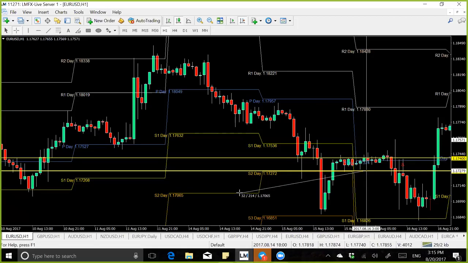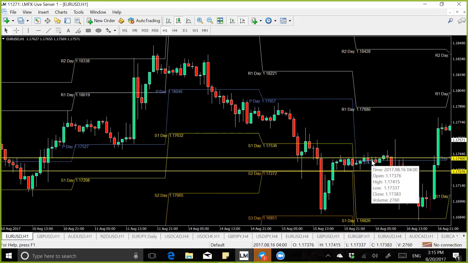In this case, closest is this, that's 21 pips. It hits that within the same candle, actually. Your second target is the next closest pivot, which is 43 pips. Third, 45 pips. It hits all three. And that's your simple scalping strategy.